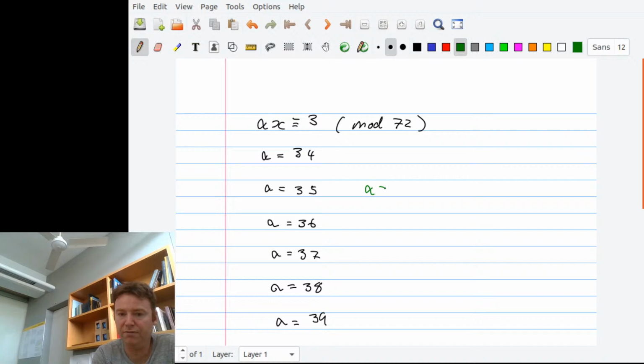So alpha inverse exists since GCD of alpha and 72 is equal to 1. So this one's going to be fine. There's going to be an inverse to that. This one's prime as well, so this one's going to be absolutely fine. That's not prime. Yeah. So these ones here are going to be absolutely fine.